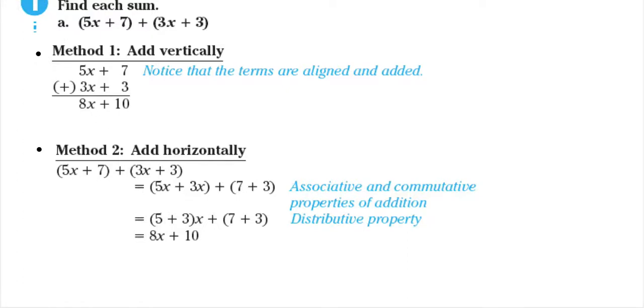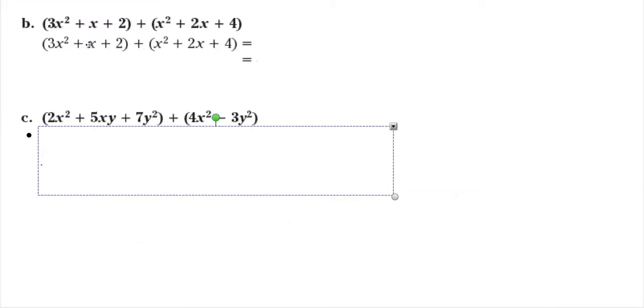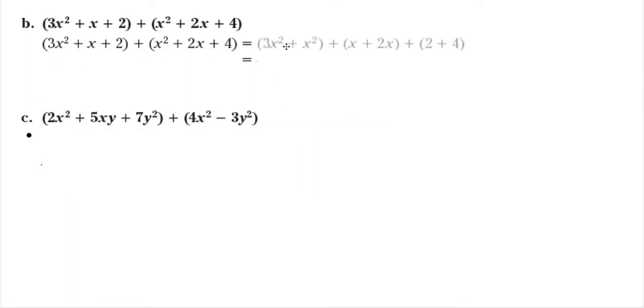Okay, let's look at another example. You have 3x squared plus x plus 2 plus x squared plus 2x plus 4. Again, copy the problem down, and then let's see how this is done. You have 3x squared plus x squared, x plus 2x, 2 plus 4. What property is this? The property is, again, associative and commutative properties.